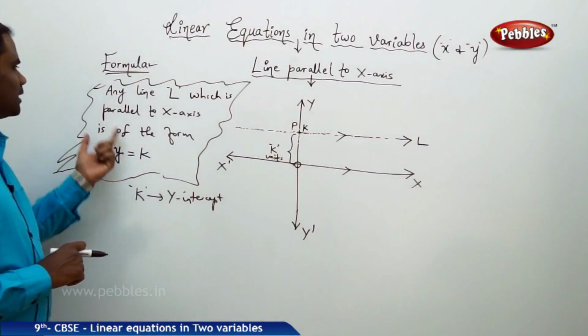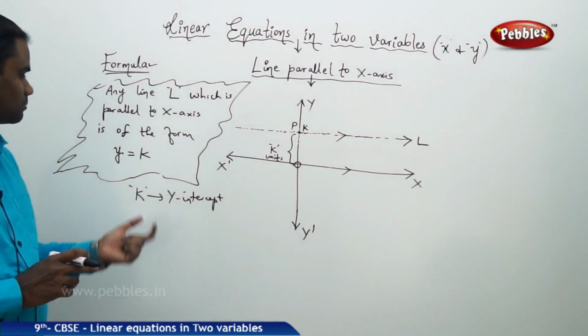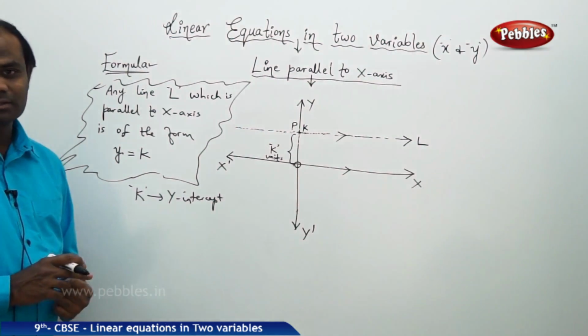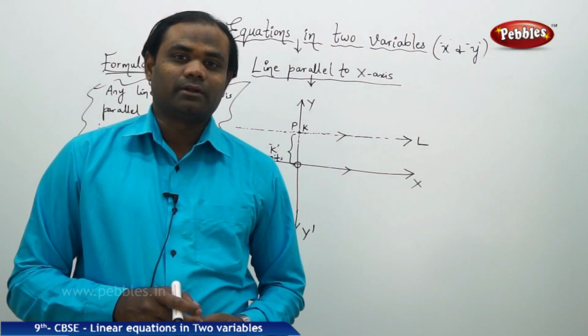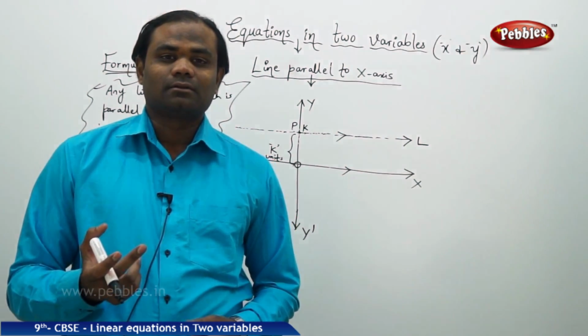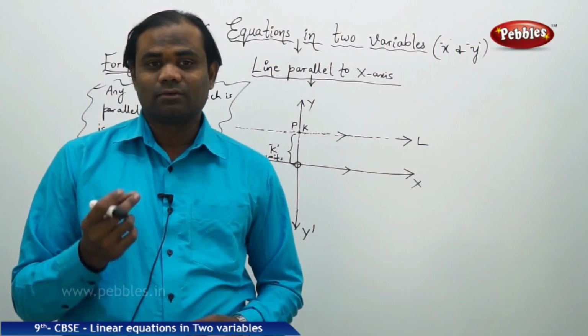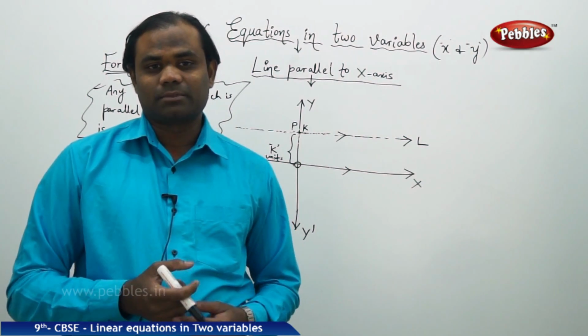Therefore, any line parallel to the x-axis must be of the form y equals k, k being the y-intercept, the point where the line cuts the y-axis, the y-intercept.